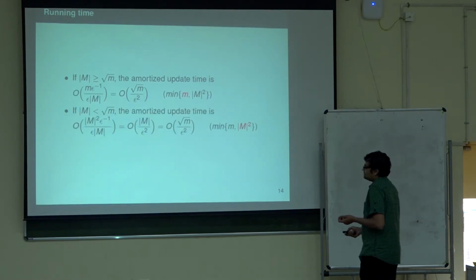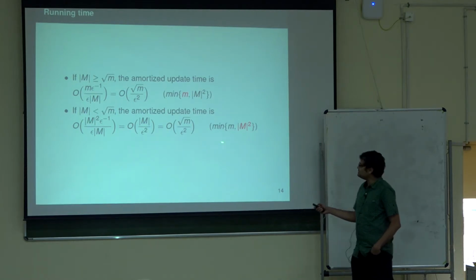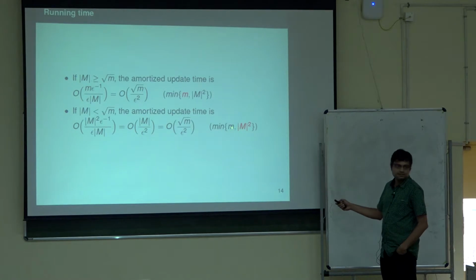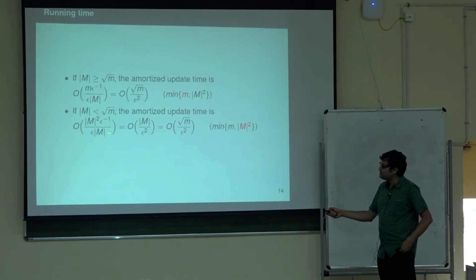And the next case is when m is less than square root of m. In that case, the size of the graph is at most m squared. This is what we have proved. So your running time is again the time taken to find the maximum matching at that particular update step, and after that you did nothing for epsilon m/2 update steps.